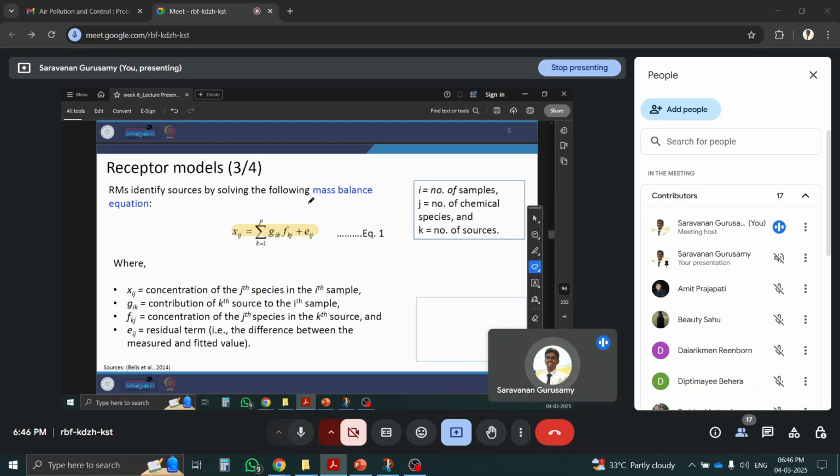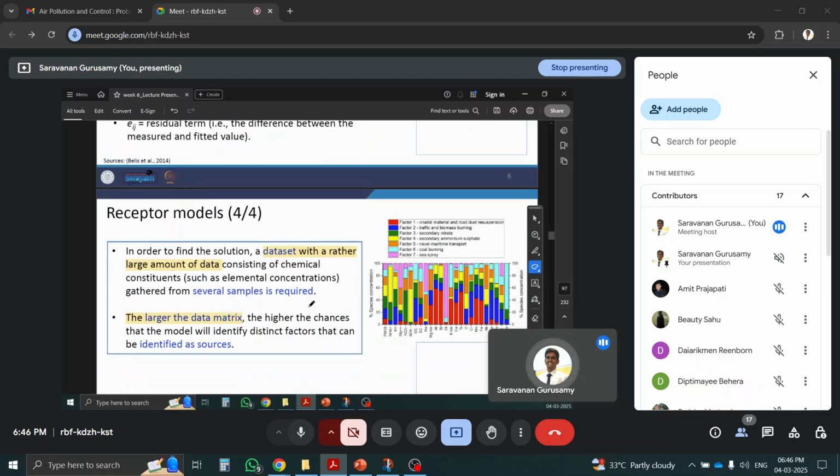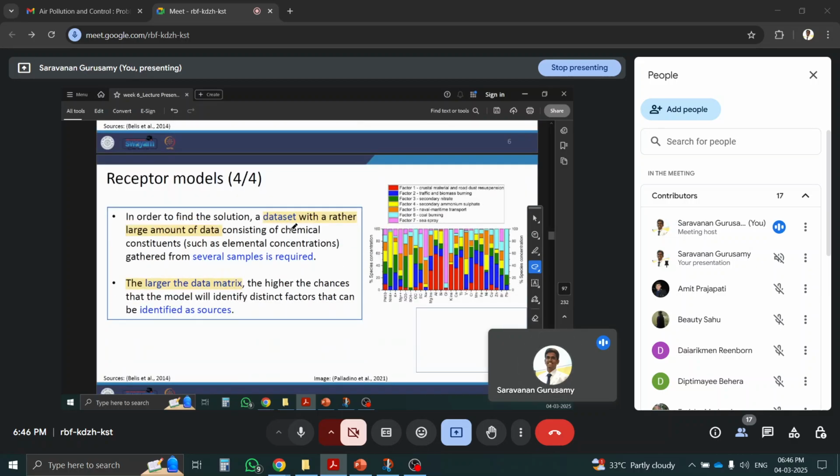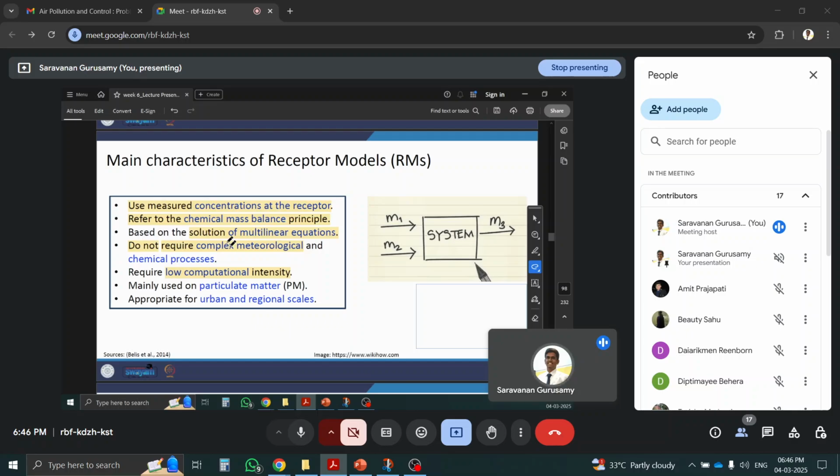These are the two models used for receptor model identification. A data set with a rather large amount of data consisting of chemical constituents is required, and we get a large data matrix out of it. The main characteristics of receptor models are that they use measured concentrations at the receptor level, the chemical mass balance principle is used, and multilinear equations are used.